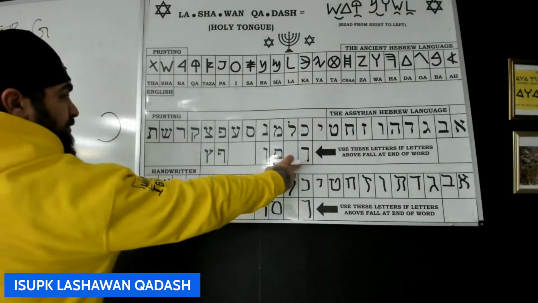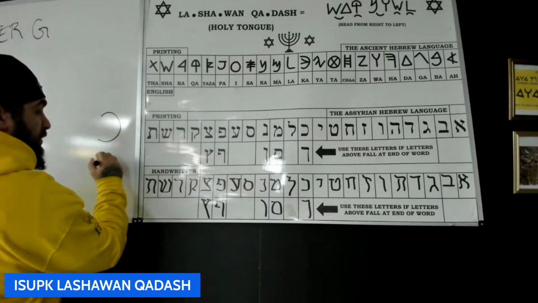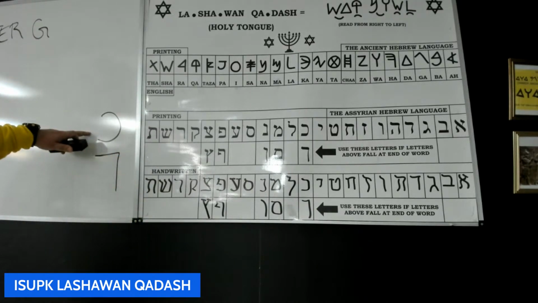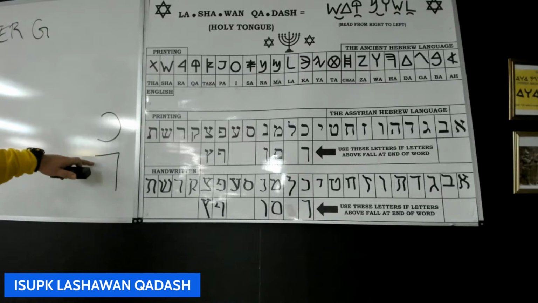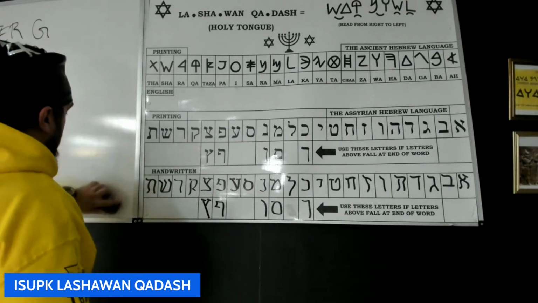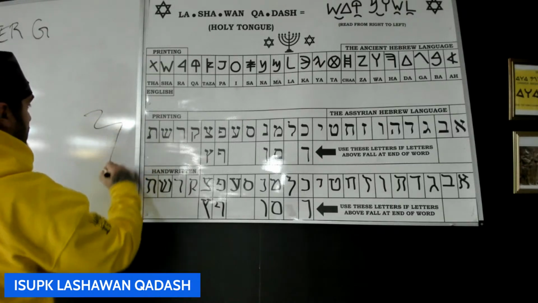And at the bottom, if it comes at the end of the word, it'll be that. This will be Ka at the beginning of the word. This will be Ka going towards the end of the word. That's La.